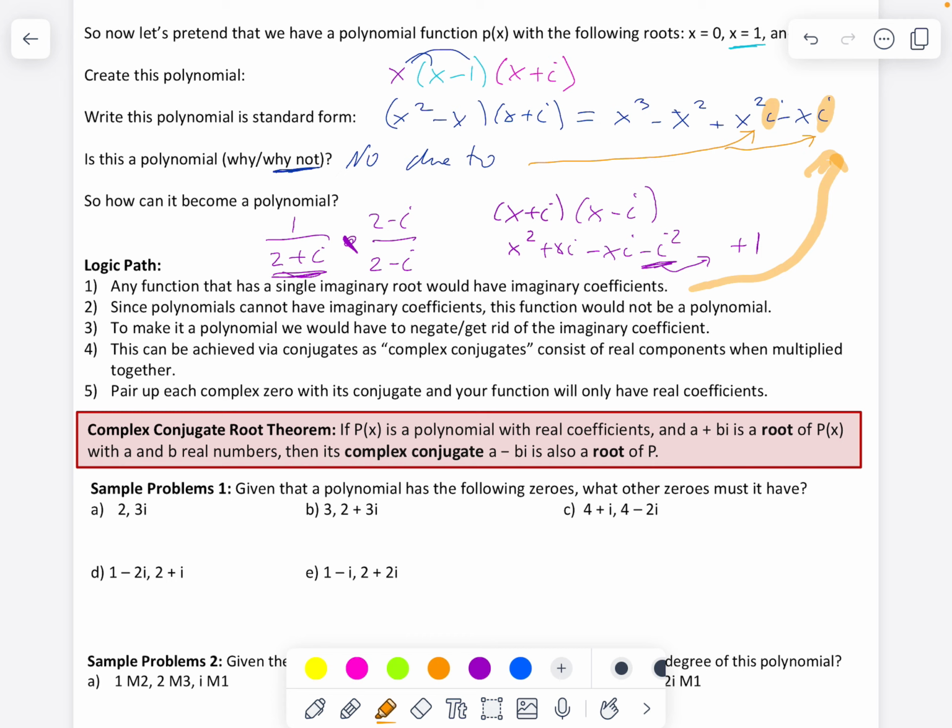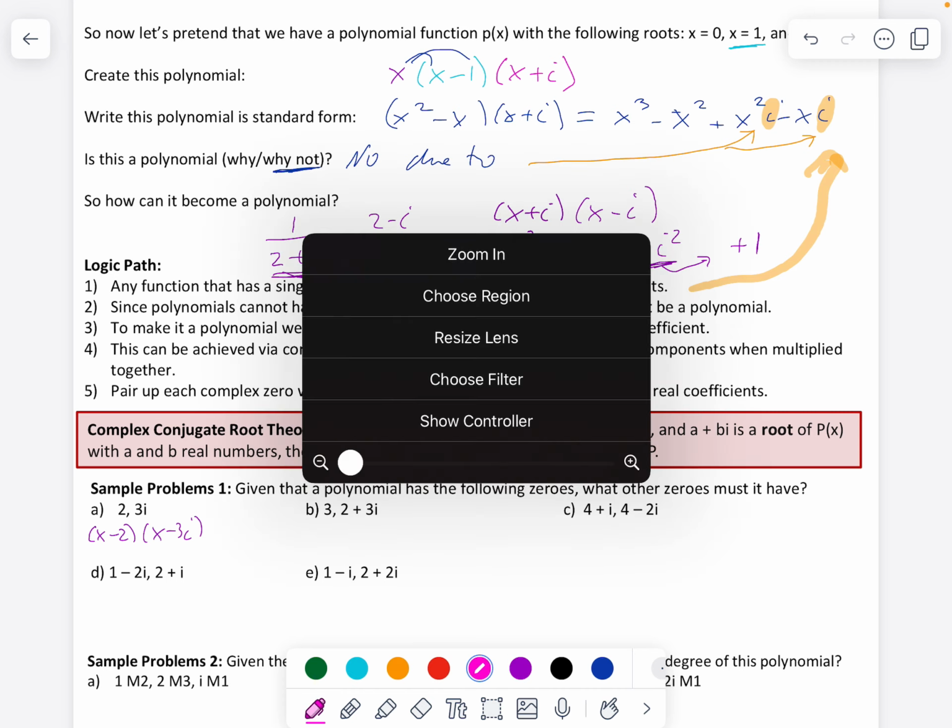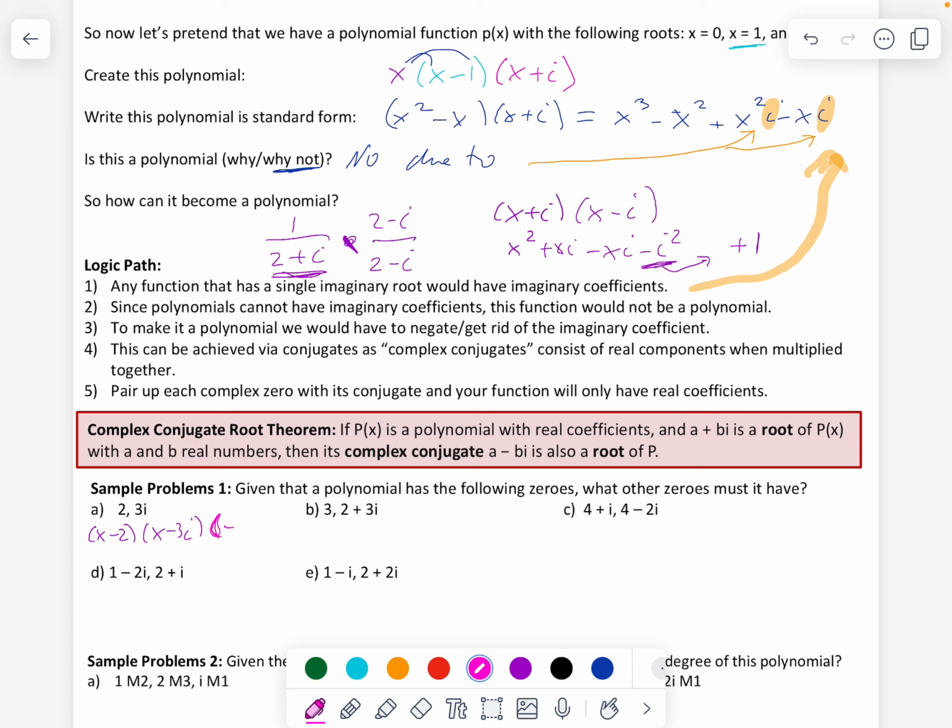Which brings us to the sample problems, and you would say, okay, well, look, I have a polynomial that has these zeros. Well, that would imply I would have an x minus 2. That's fine. I would also have an x minus 3i. But if that was it, I would have imaginary components. So I must add an x plus 3i to get rid of those imaginary components.